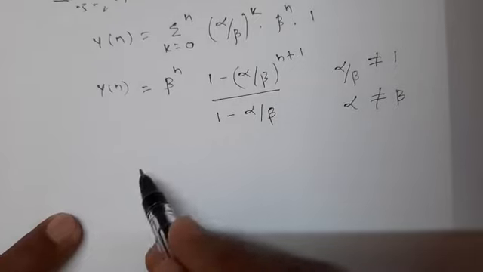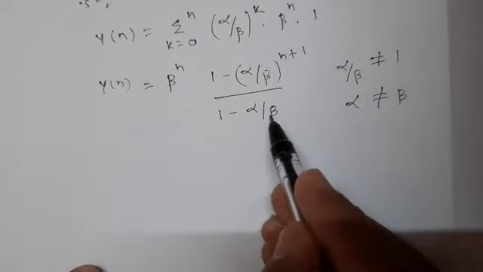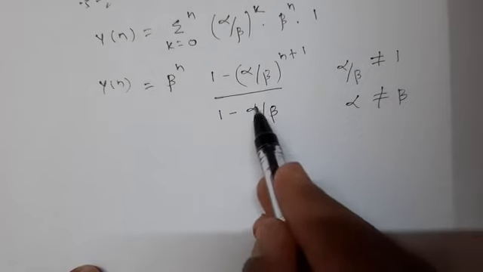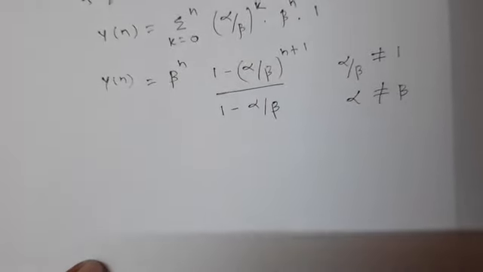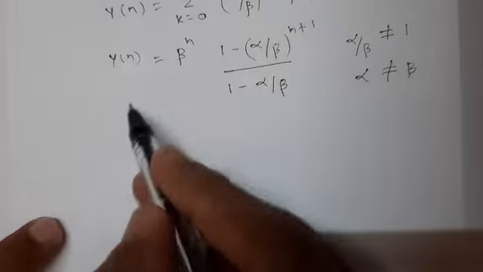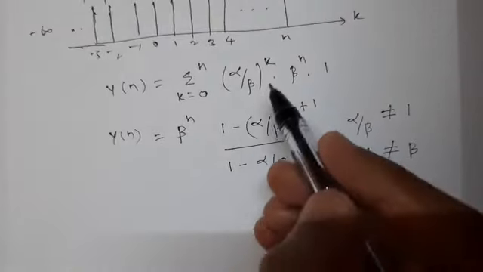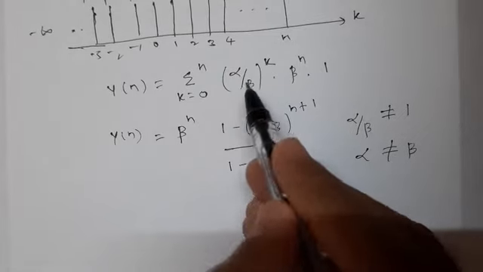What happens when alpha equal to beta? When alpha equal to beta, alpha by alpha is 1, 1 minus 1 is 0, which makes your equation infinity. If you want to know what the value is when alpha equal to beta, then substitute alpha equal to beta in this equation.